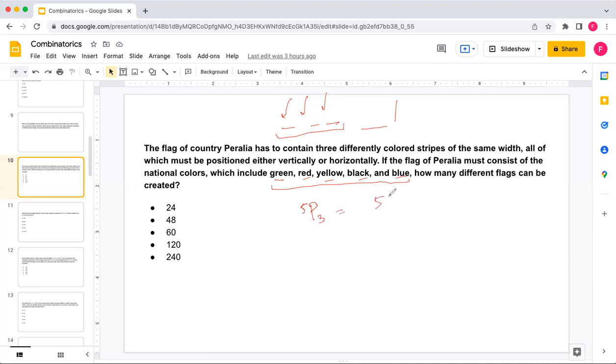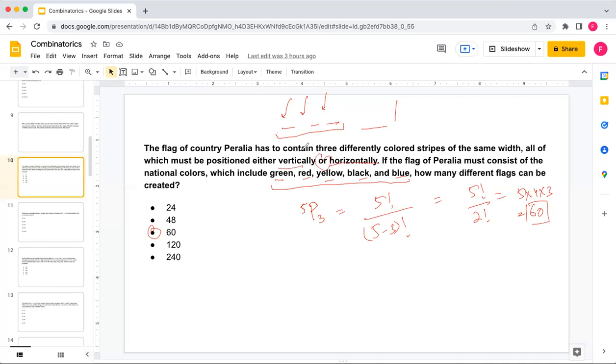So this will be 5 factorial divided by (5 minus 3) factorial. That is 5 factorial divided by 2 factorial, which is 5 into 4 into 3, which is 60. Now anyone can just tick 60, but remember the question says either vertically or horizontally.